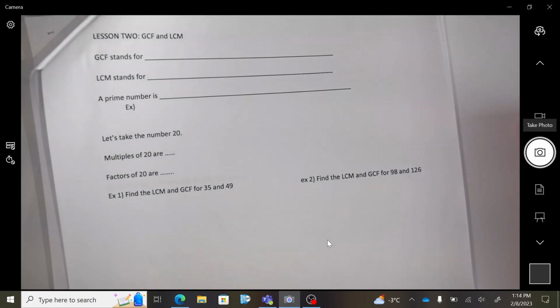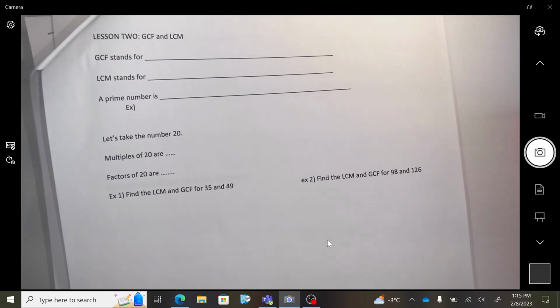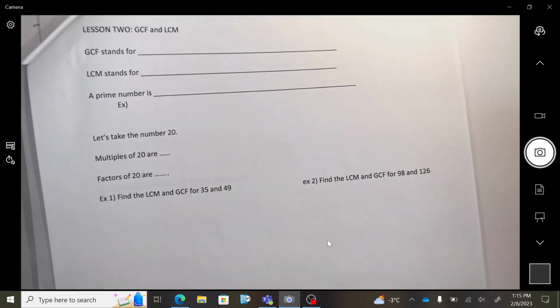Okay, lesson 2. It's called GCF and LCM. So what do those letters stand for? Have you seen those letters before? Greatest common factor.